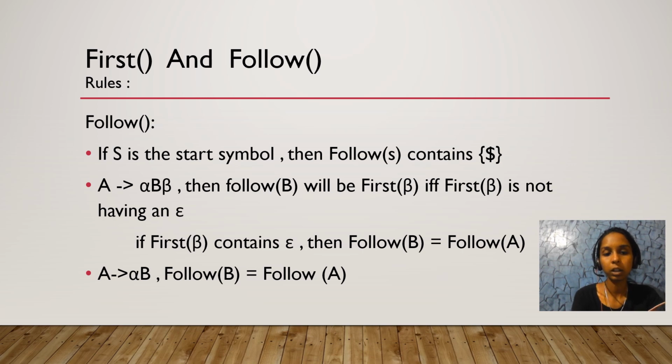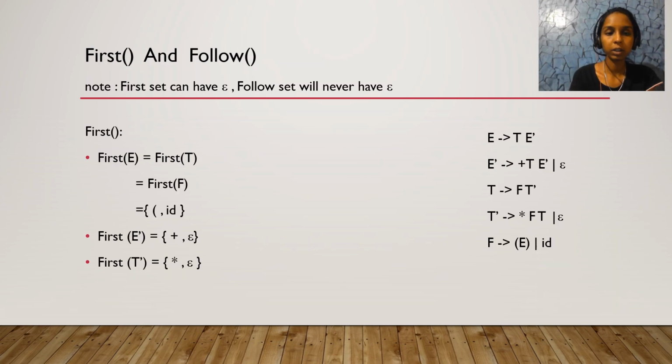The next point is the same. That is, A tends to alpha B, so after B no symbols are present, and the follow of B will be equal to follow of A. Next we'll see the first and follow sets for the given example.